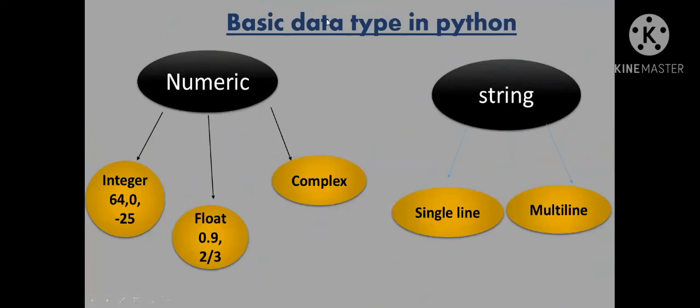Basic data types in Python. There are basically two types of data in Python. Numeric data type, string data type. In numeric, integers are there, float, decimal or fractions, and complex numbers. And in the string data type, single and multi-line strings are there.